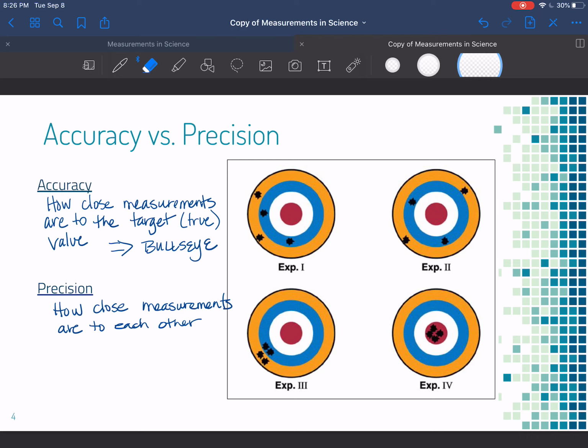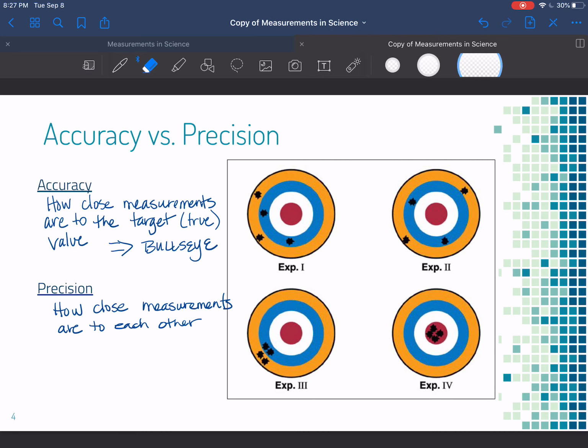Accuracy is how close your measurements are to whatever the target or exact value, accepted value would be. If we're playing darts, accuracy would be how close the darts that you throw are to the bullseye. There's a target that we're supposed to be hitting. We're throwing the darts. How close are our darts to that bullseye?